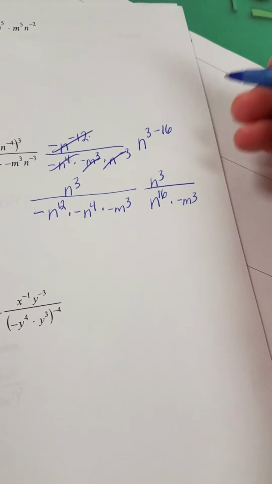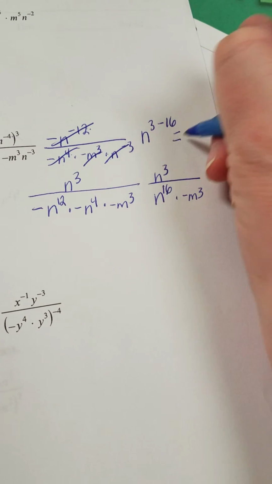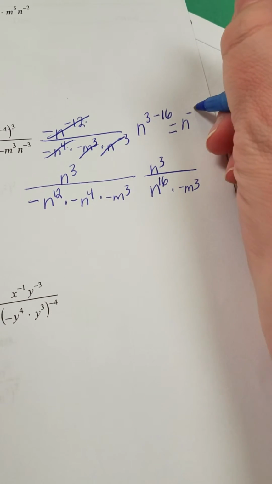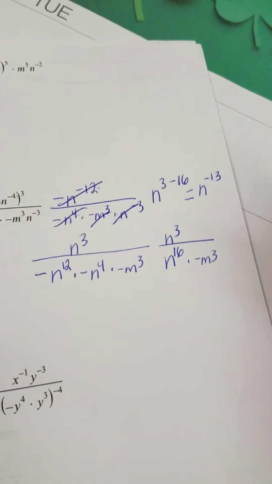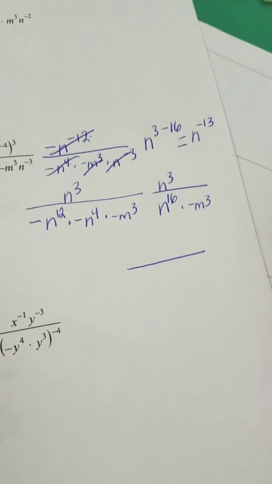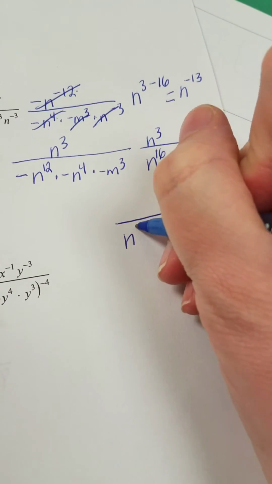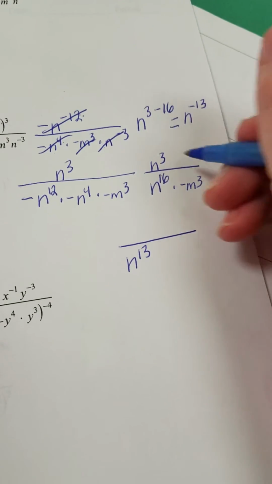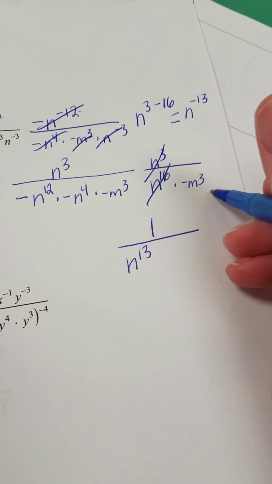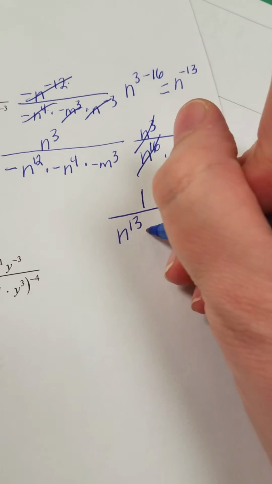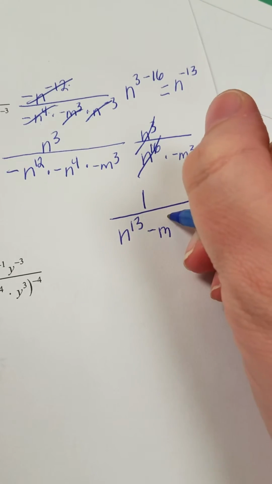And 3 minus 16 gives us n to the negative 13. So we represent n to the negative 13 by putting it under the fraction bar. So we end up with n to the positive 13 on the bottom times negative m to the third.